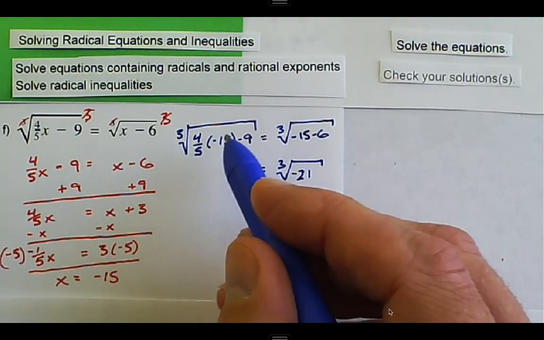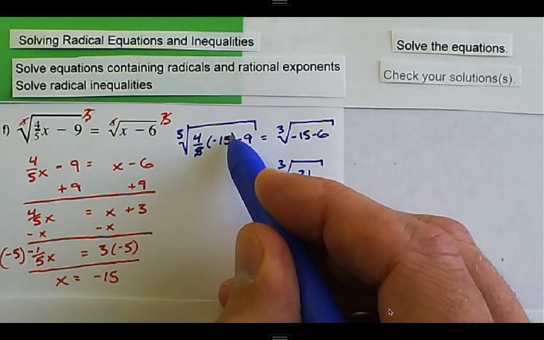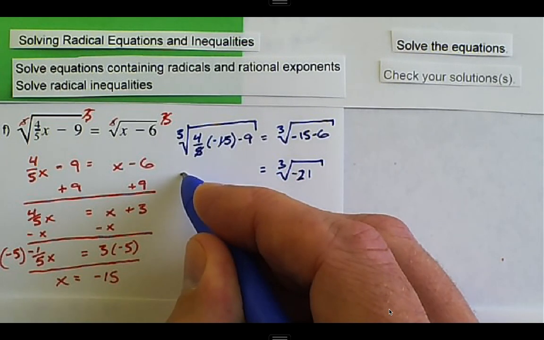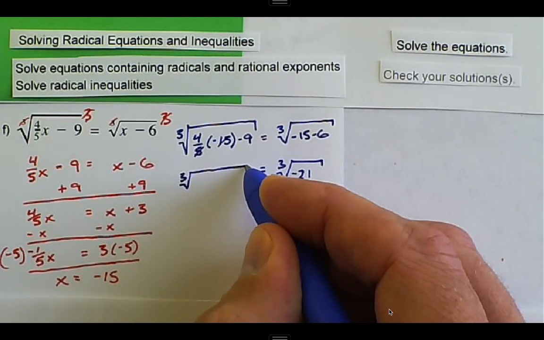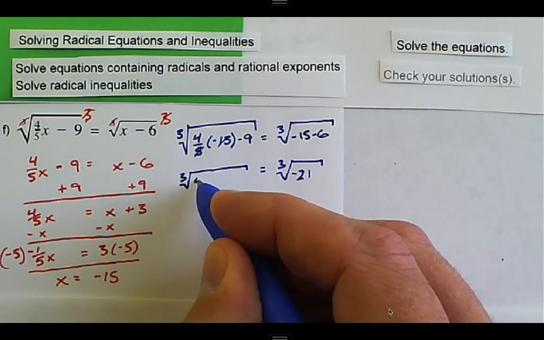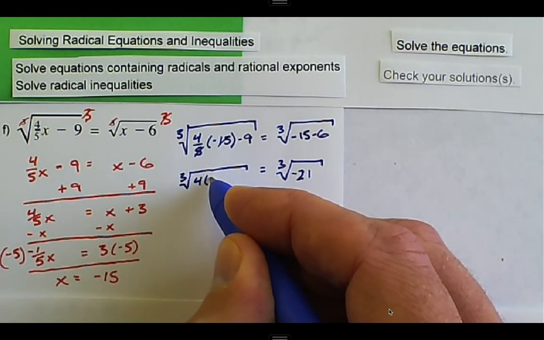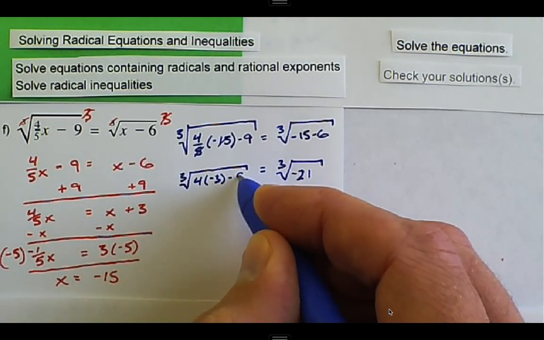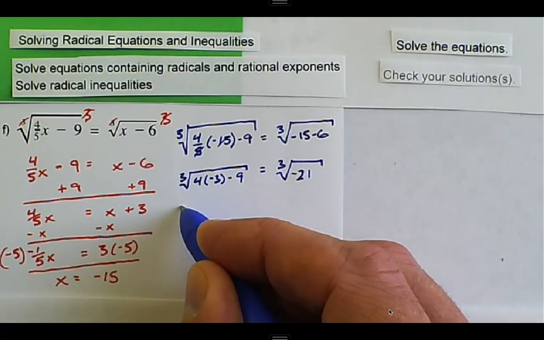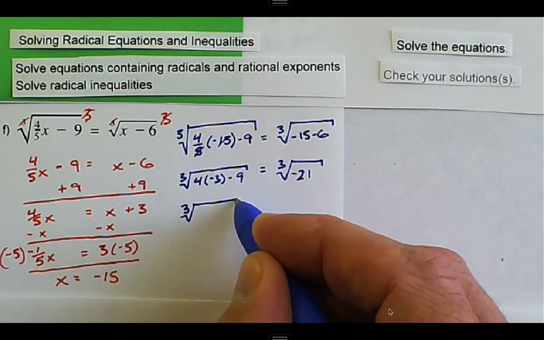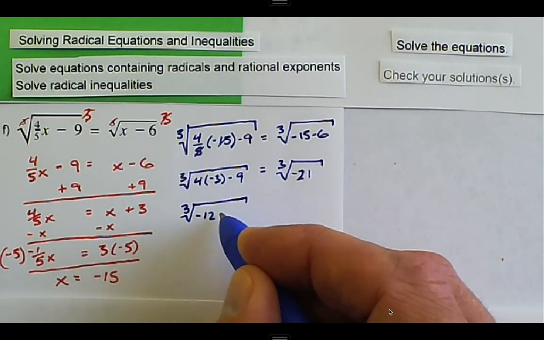On the left-hand side, our 5 and our 15 cancel, and we're left with the cube root of 4 times -3 minus 9. 4 times -3 is -12, minus 9.